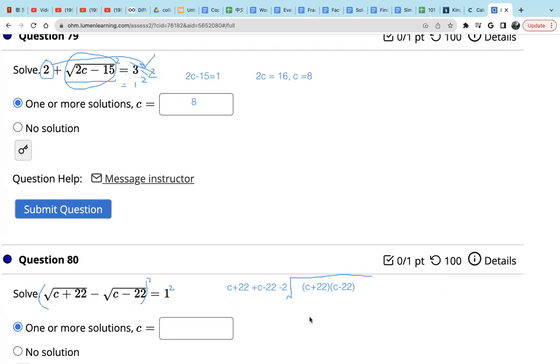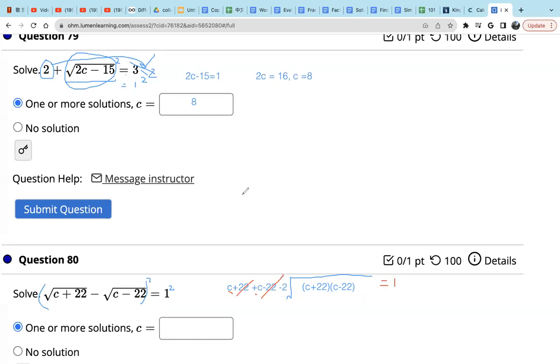Difference of 2 squares. Now we see positive 22, negative 22 cancelled. The c plus c is 2c. So across this equals 1. 1 squared is 1. So I have 2c plus this term.